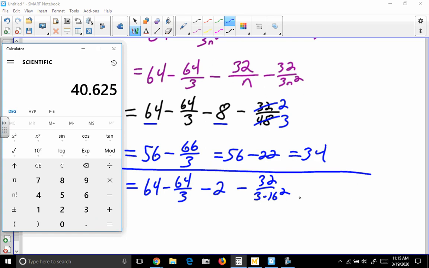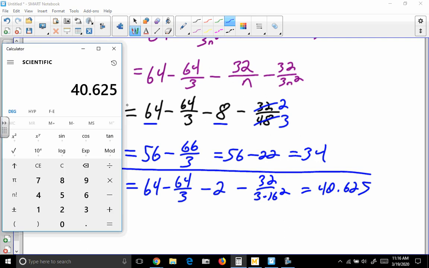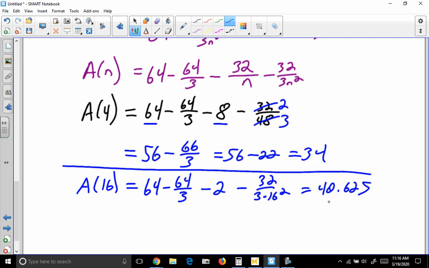And that's about 40.625. That gave us a terminating decimal, so that's actually the exact area for 16 right-handed rectangles.